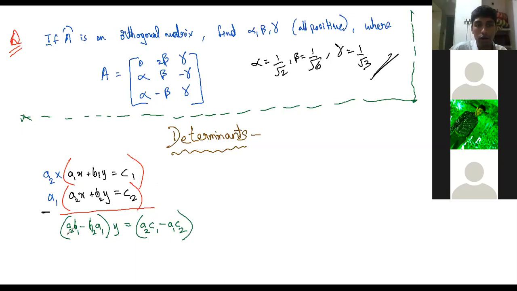Generally it comes the other way, a1 b2, b2 a1, but here I wrote the equation in that way. Generally you should write a1x plus b1y plus c1 equal to 0, but since I wrote c1 here, it is coming a bit reversed, but no problem. From here what is the value of y? Sir, a2 c1 minus a1 c2 by a2 b1 minus b2 a1.